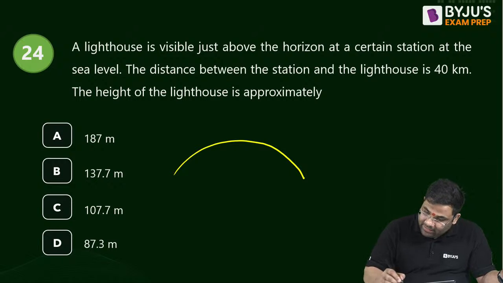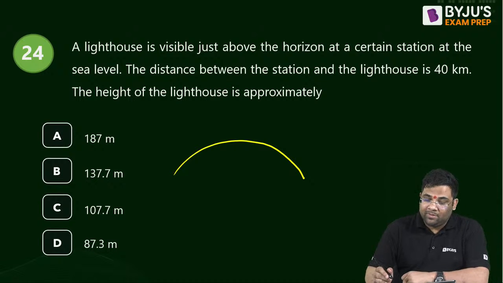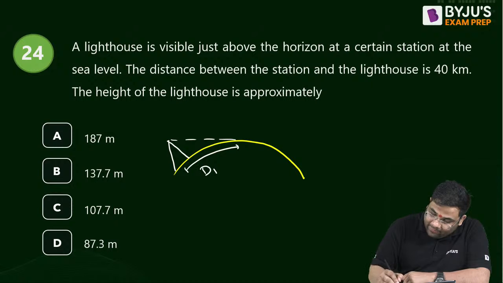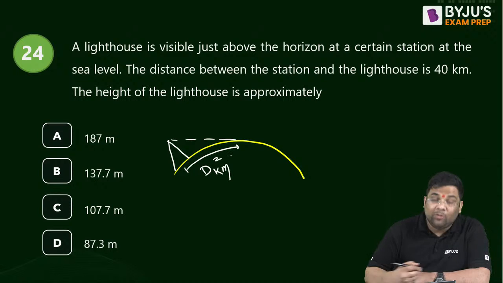And then you see a lighthouse is visible just above the horizon, like this, right? So I will apply the same. This becomes the d kilometer square, and this is that height.